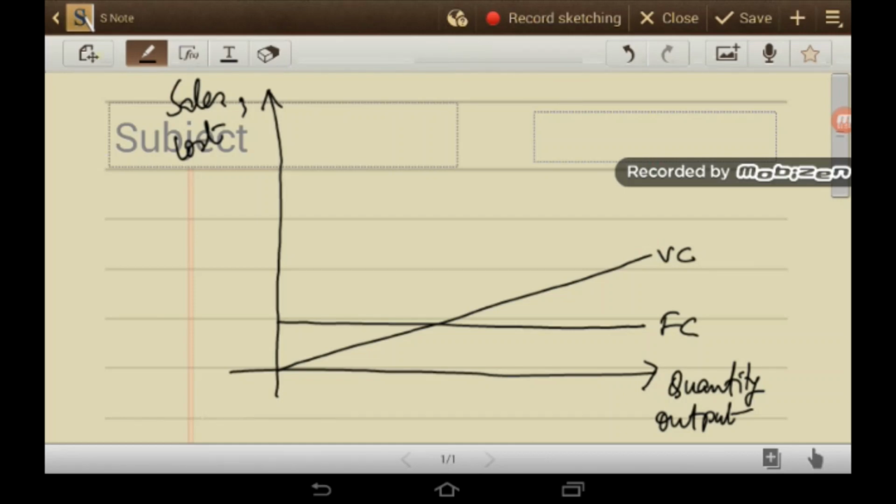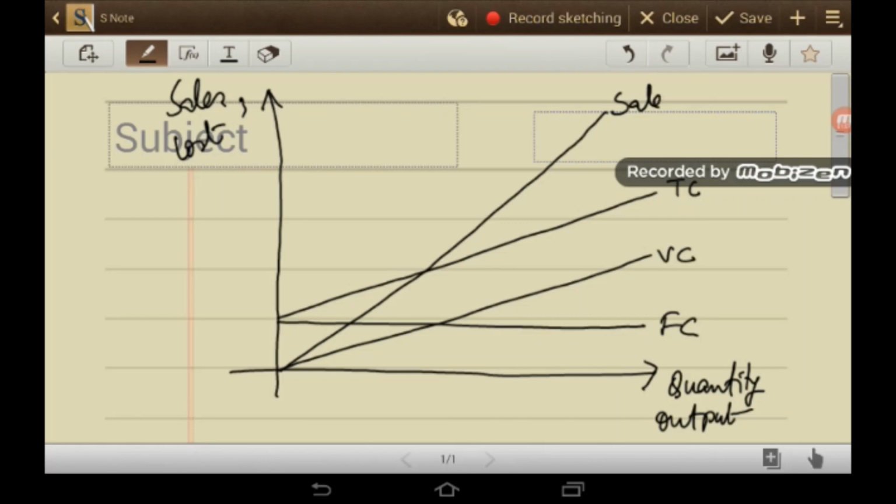The sum total of fixed cost and variable cost gives total cost, denoted by TC, and this is the sales line. The intersection point of the sales line and the total cost line gives the break-even point.